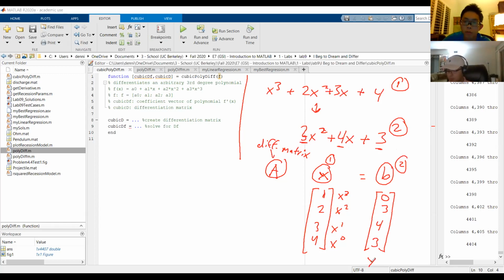Now, how do I want to write this? I'll write it f prime of x. The coefficients, to be specific, of f prime x. And then this is our f of x. Polynomial transformed by some 4x4 matrix returns the derivative of that polynomial.